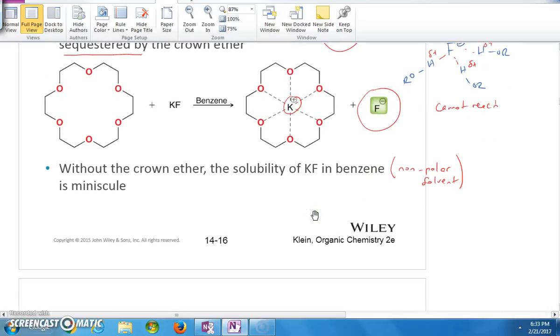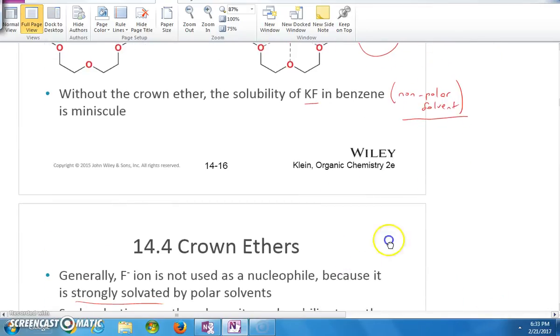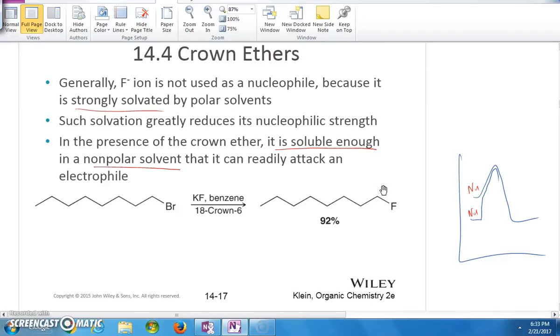Without the crown ether, the solubility of potassium fluoride in benzene is going to be impossible, because benzene is a non-polar solvent. So how are you going to get it to dissolve? It doesn't dissolve. That means that the fluoride cannot react as a nucleophile. But in the presence of a crown ether, this is now made possible. Generally, the fluoride ion is not used as a nucleophile because it is strongly solvated by strong polar solvents, like alcohols, like we saw.